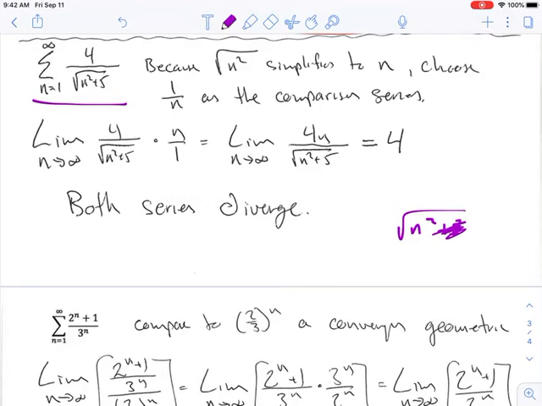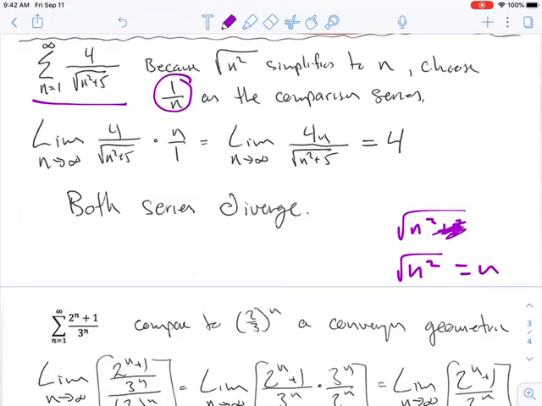Infinity plus 5 is still infinity. So the important part is just the highest powered term, which is the n squared. The square root of n squared is equal to n, so really in the denominator what we have is n. That's why I chose 1 over n as my comparison series.